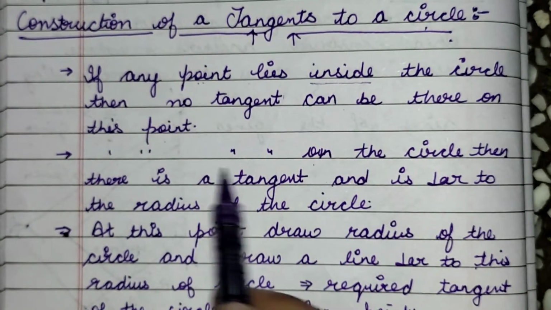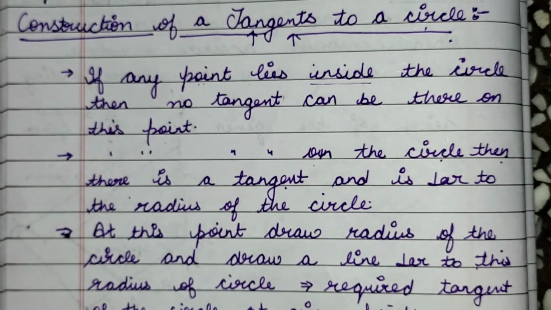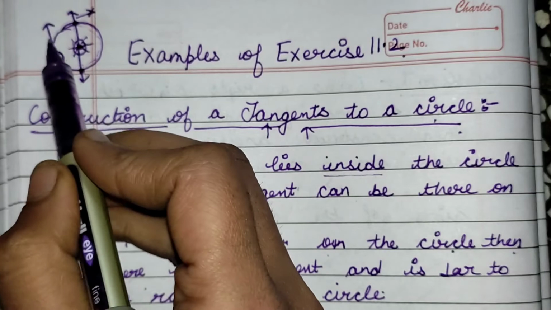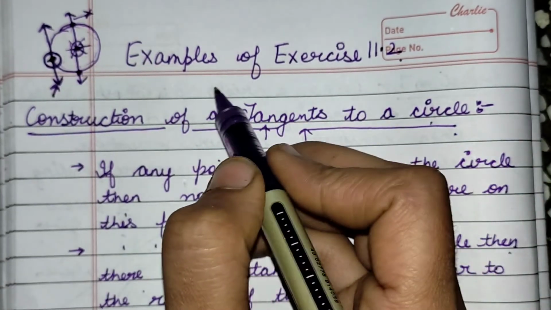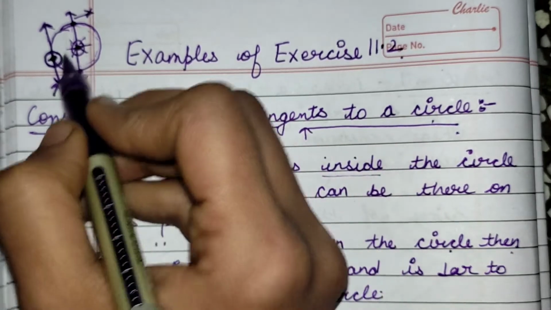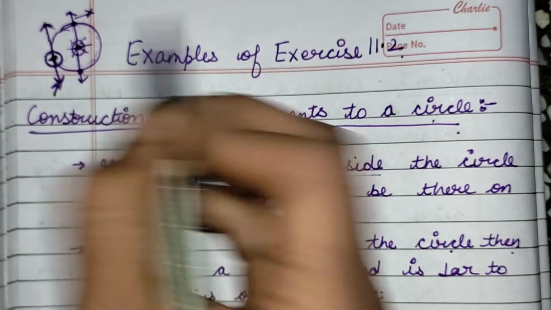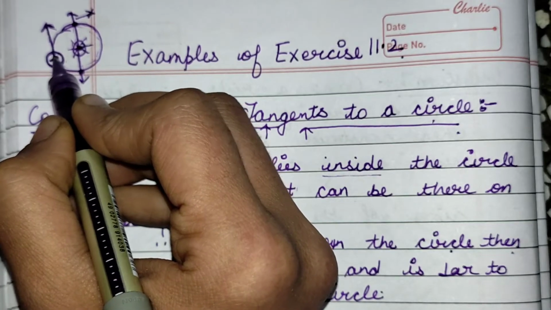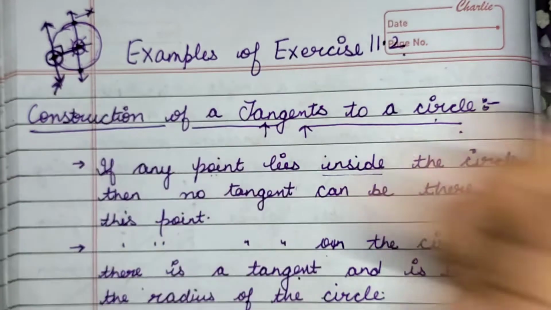Second, if the point lies on the circle, then there is a tangent. This is a tangent. We have learned in a theorem that if there is a tangent to the circle, then at the point of contact the radius is perpendicular to the tangent.